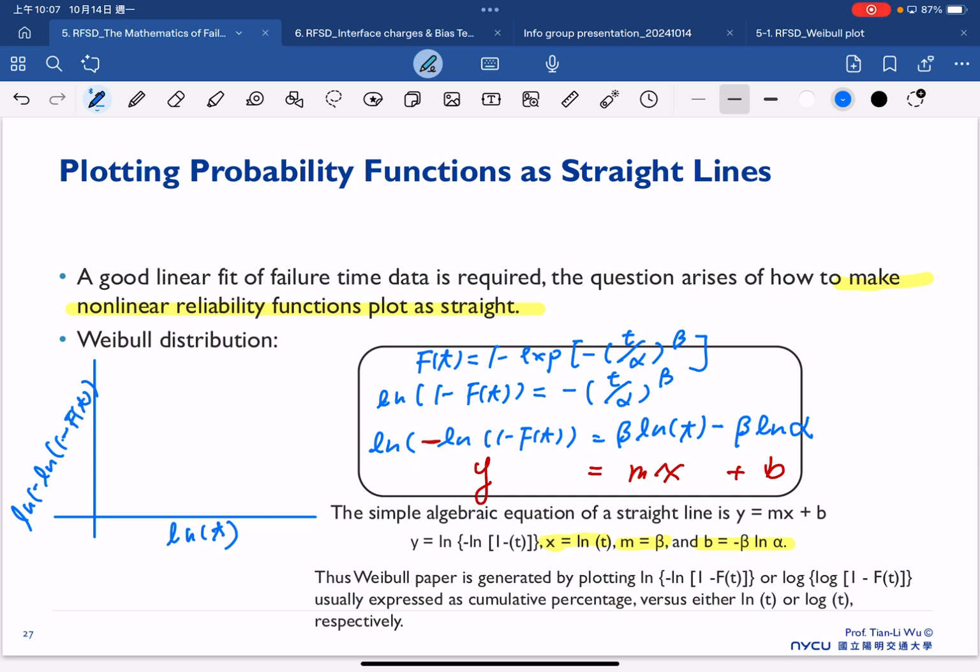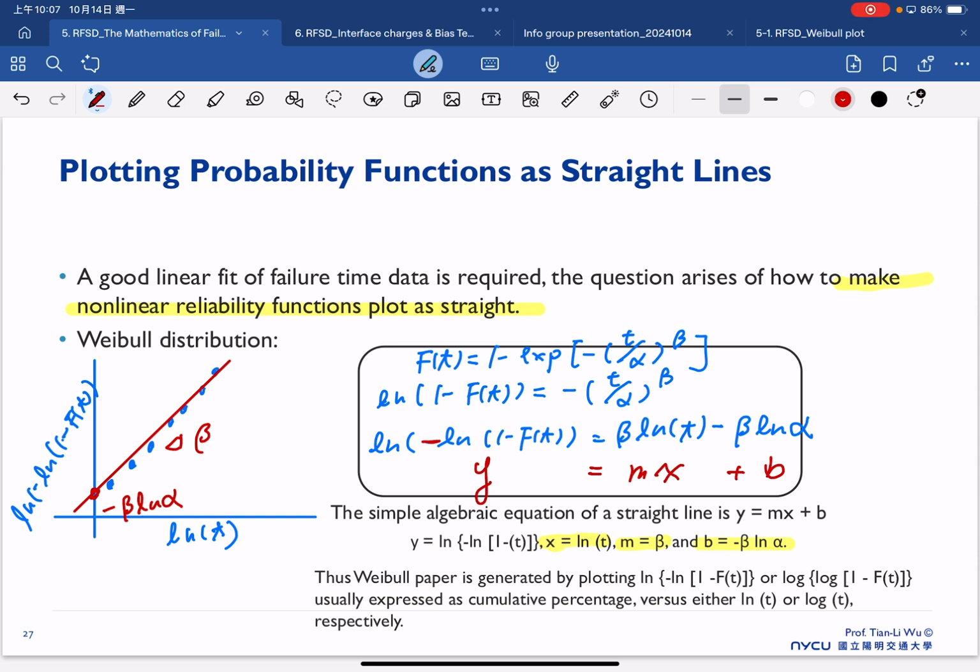So with this consideration, we can make the plot as a straight line, where the slope is beta and the intercept is minus beta natural log alpha.